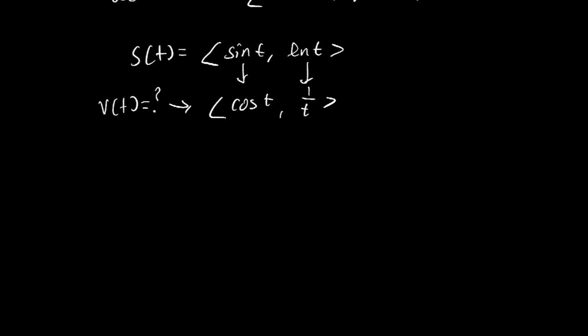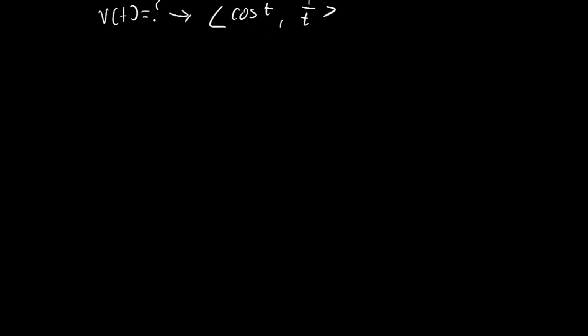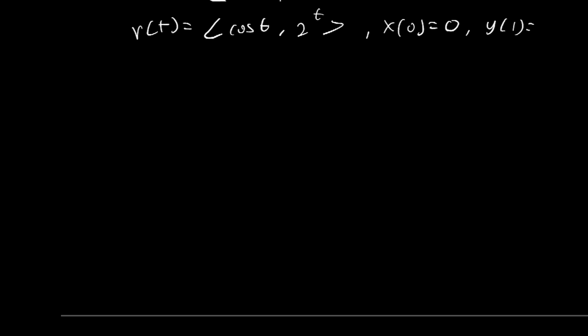Now, of course, we could always go backwards. So let's say I gave you v of t is equal to cosine of t and 2 to the t as an example. And I gave you that the initial conditions are x of 0 is equal to 0 and y of 1 is equal to 2.